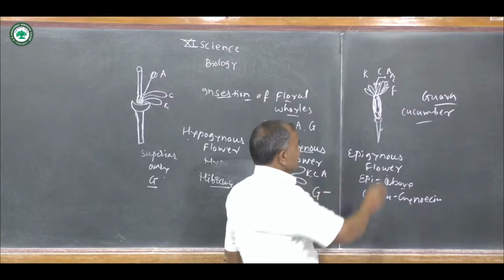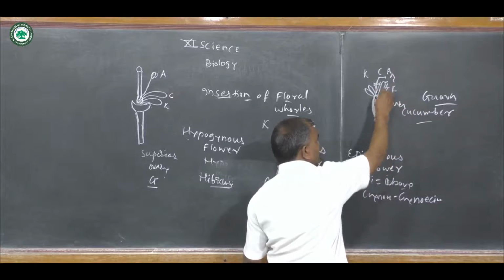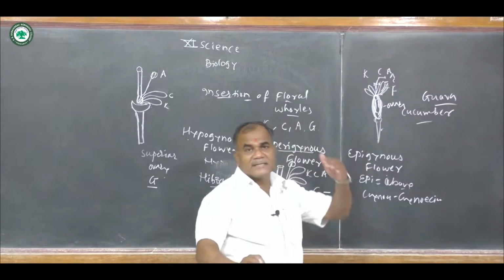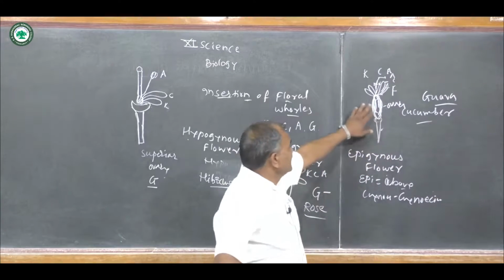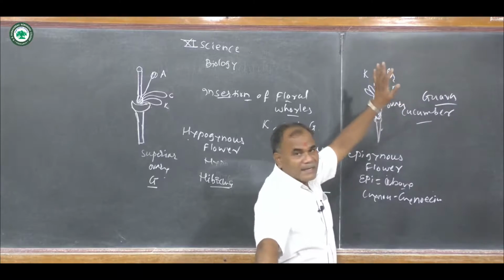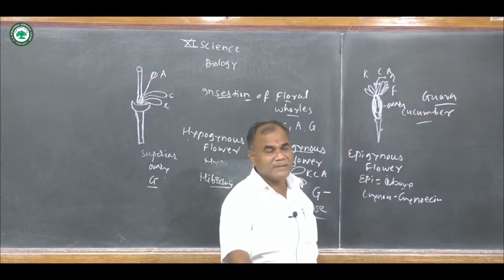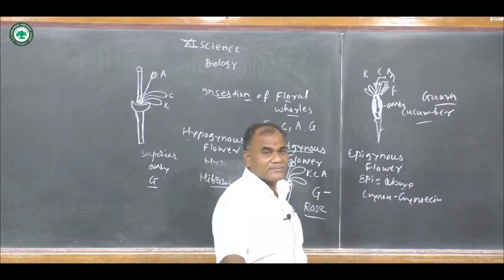In these, the lower part contains the ovary, and on the apical portion of this ovary the remaining three floral whorls, calyx, corolla and androecium, arise at the upper portion. This type of flower is known as the epigynous flower.